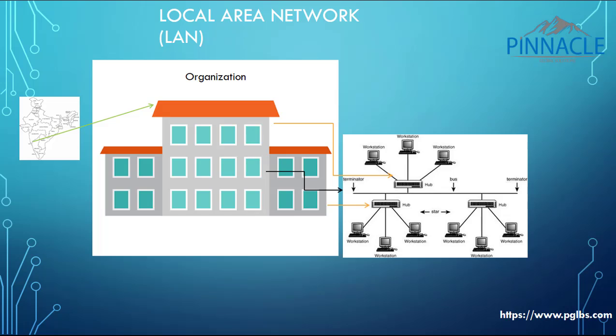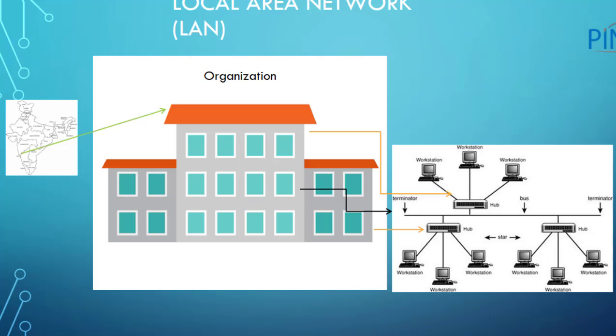Now, what exactly do you mean by a local area network? As the name itself says, local area. When you say local area, it actually confines to some space constraint. For example, you have an organization here, and let's say this organization could be any business organization. It could be a bank, an insurance company, or a retail organization.